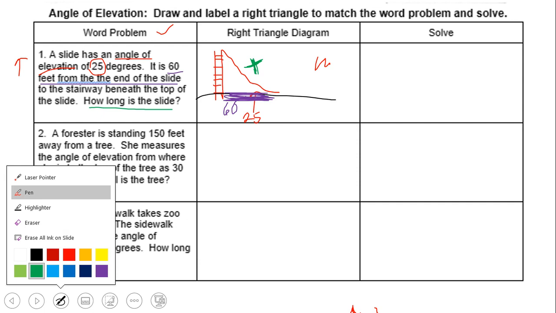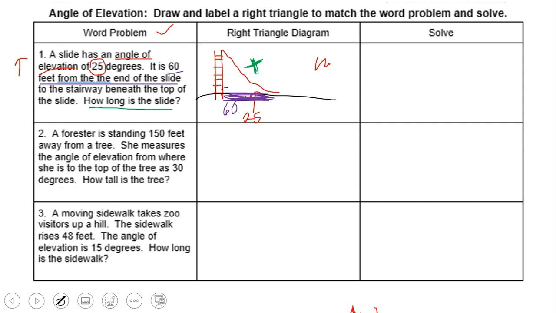So step 1, remember, says to draw and label a triangle. It's got to be a right triangle. Here's my right angle. Step 2 would be to label the sides. So x is my hypotenuse. Directly across from my angle of elevation is my opposite side, and right next to it is my adjacent. Based on SOHCAHTOA, the one that uses A and H is going to be cosine.